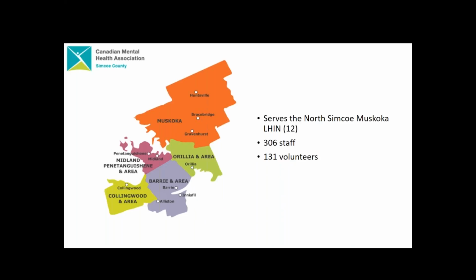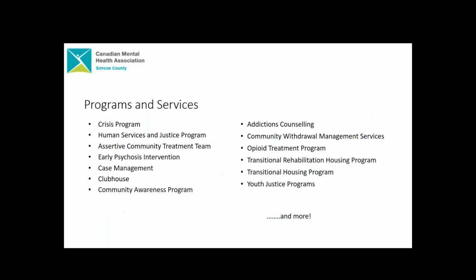We serve LIN 12, which is the North Simcoe Muskoka LIN, and it's a very diverse region geographically. We have larger cities like Barrie, but also very small communities up in the north, located north of Penetang and such. Approximately 300 plus staff and 131 volunteers at the agency. It's also a relatively large CMHA in the province.